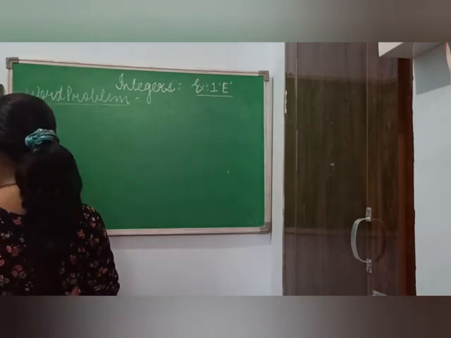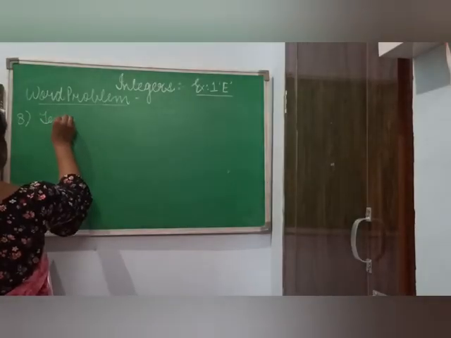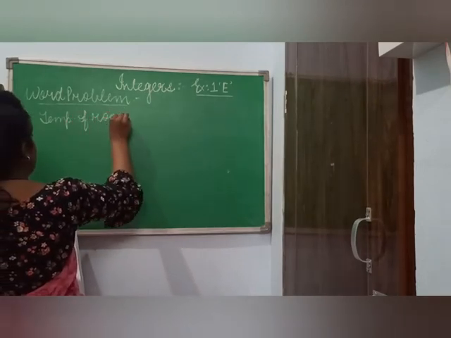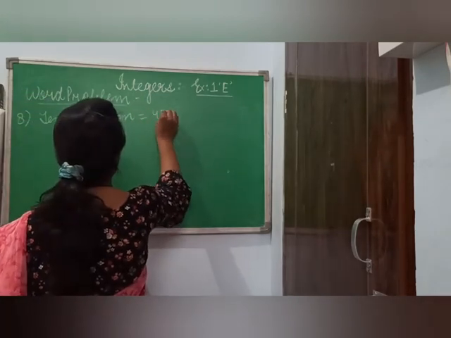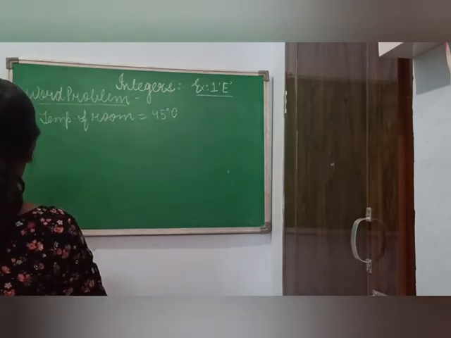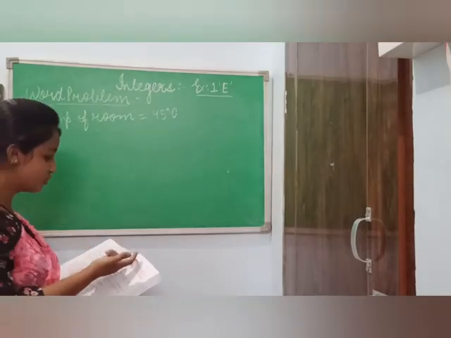So, the temperature of room. The temperature of room is 45 degrees centigrade. Now, the question says that the temperature of room is being lowered by 4 degrees centigrade for 10 hours.